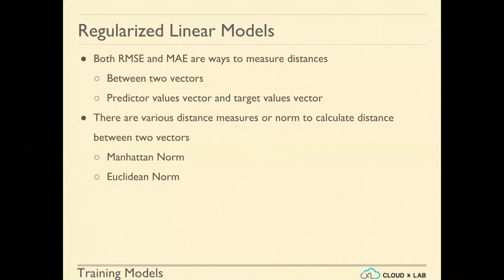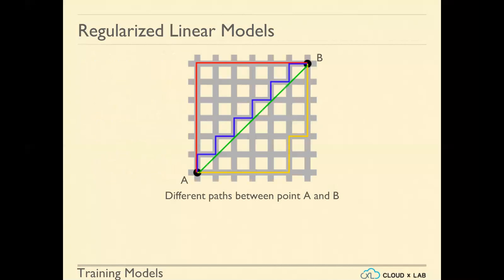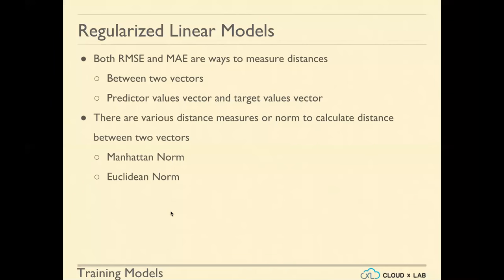So there are two ways to measure the distance between the two vectors. One is called Manhattan and the other is called Euclidean. Euclidean is nothing but like the Pythagoras theorem, while Manhattan is like counting the blocks.